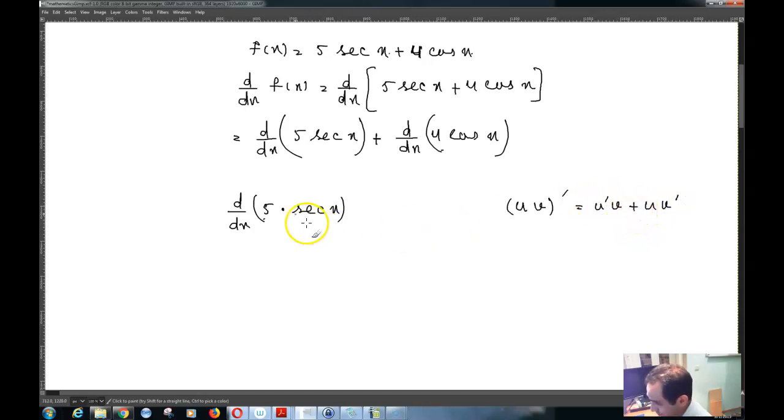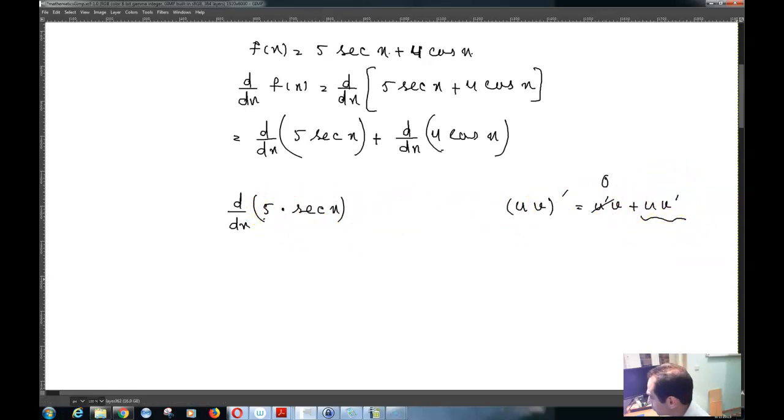So the derivative of the first function is always 0 because it's a constant function. So you will end up with the first function times the derivative of the second function.